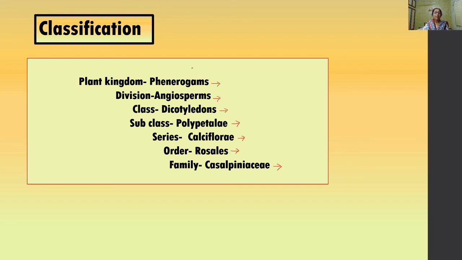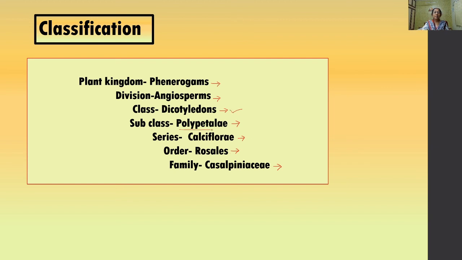As the plant consists of seeds, we place it under the phanerogams. As flowers are present in the plant, we call it an angiospermic plant. The plant has reticulate venation, taproot system and 2 cotyledons. We placed it under the dicotyledons.